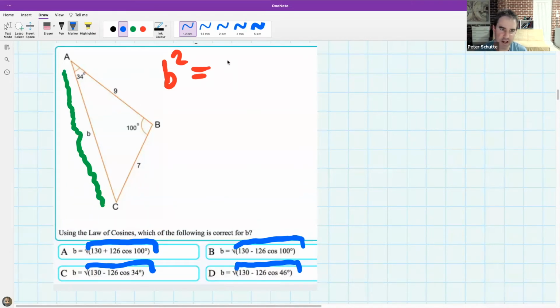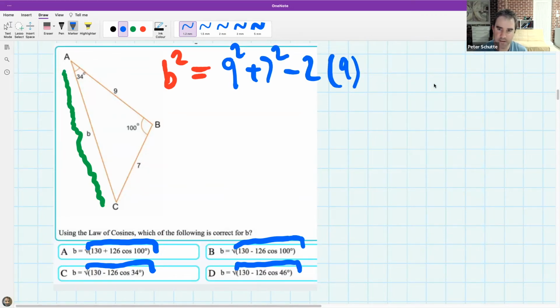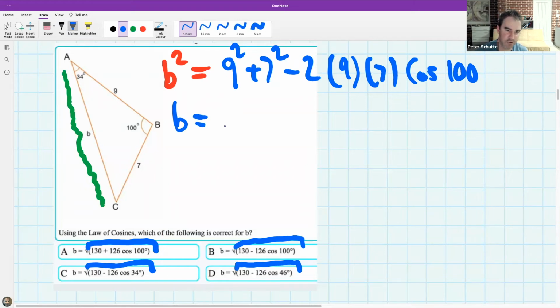So I was thinking I would write down 9 squared plus 7 squared minus 2 times 9 times 7 times the cos of the angle in between, which is the cos of 100. And the reason I chose the cos of 100 is I needed to use the angle between the two known sides.